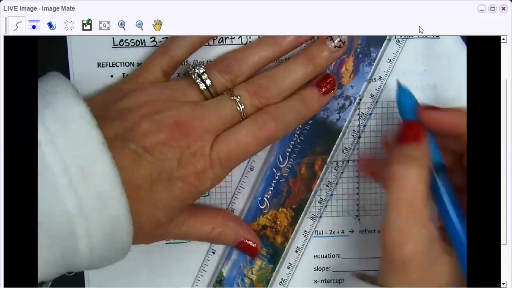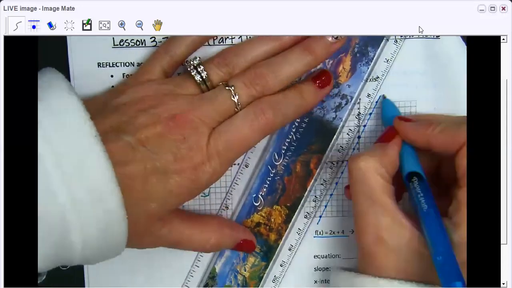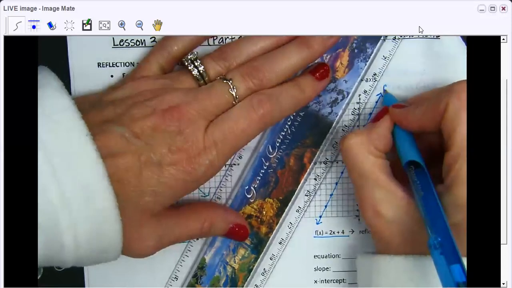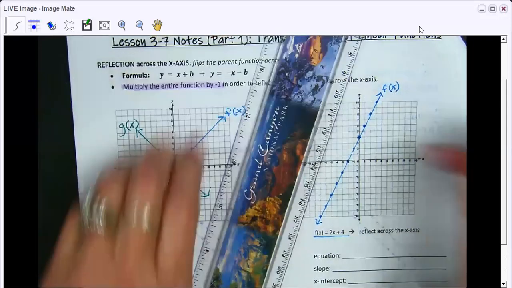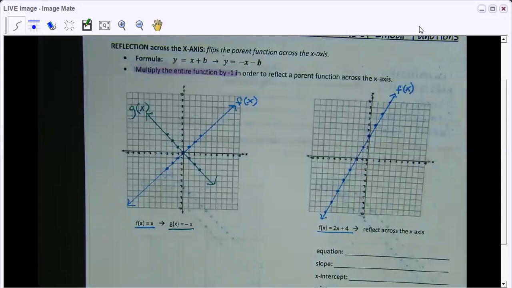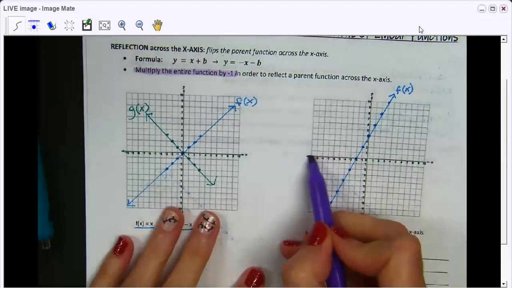And label it f of x. Now, when I graph this by hand without looking at my equation, all I do is take a look at the x-axis, and I know that this line has to flip over it.